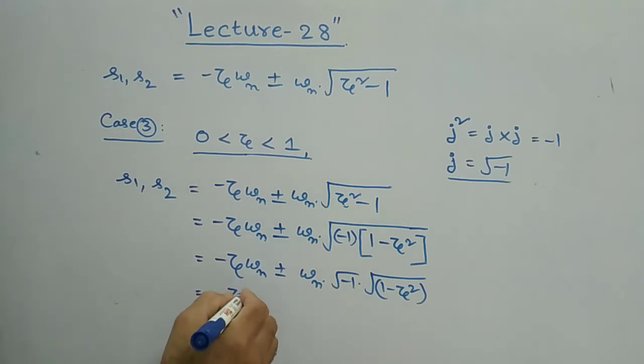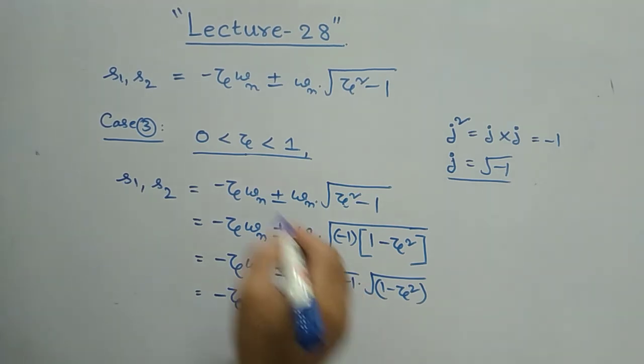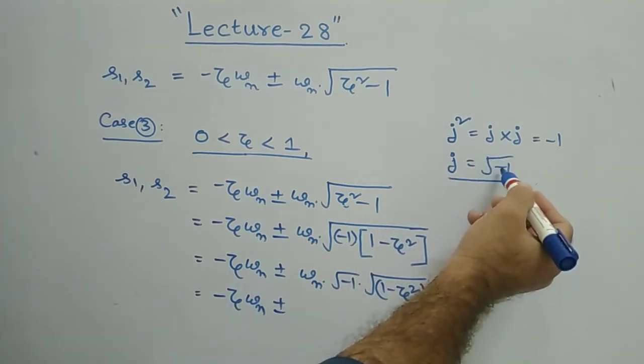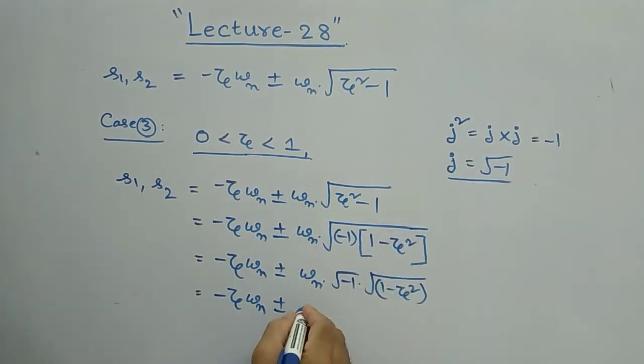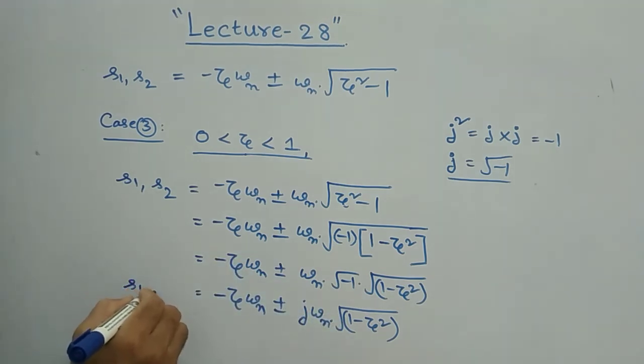Because root of minus 1 can be written as j. Root of minus 1 is nothing but j. You can write j times omega n into square root of 1 minus zeta square. This is what your S1, S2 is.